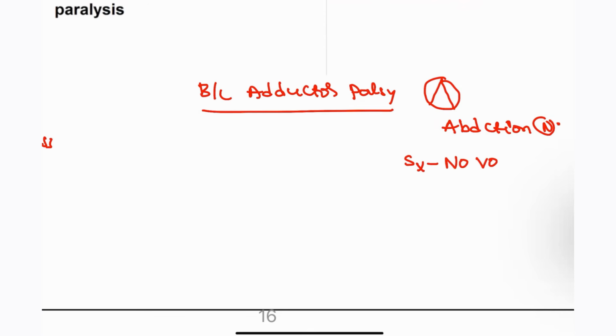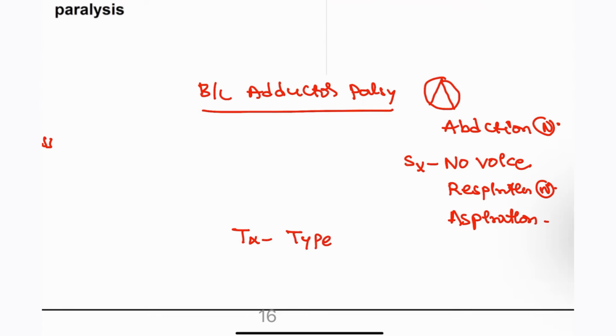No voice. He cannot do phonation, but respiration is normal. If it is completely open, there is a risk of aspiration, right? This is also seen in this patient. So the treatment is type 1 thyroplasty. Type 1 thyroplasty should be done for this patient.